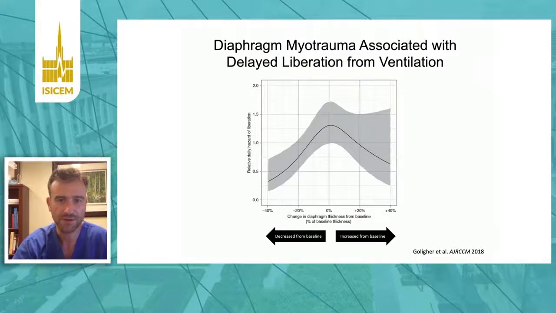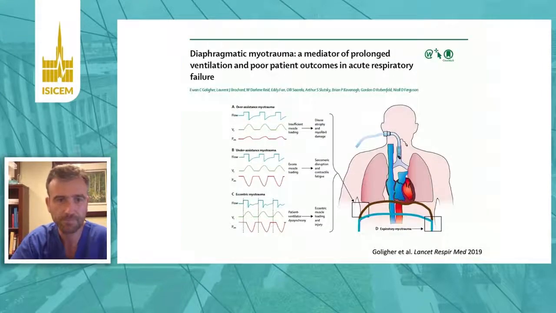So changes in the diaphragm, which we refer to as diaphragm myotrauma, are associated with delayed liberation from mechanical ventilation. The question becomes, can these changes in the diaphragm during ventilation be prevented? Several mechanisms have been postulated for acute diaphragm atrophy and injury during mechanical ventilation, including what we call over-assistance myotrauma, where diaphragm activity is suppressed because of excessive ventilatory assistance.